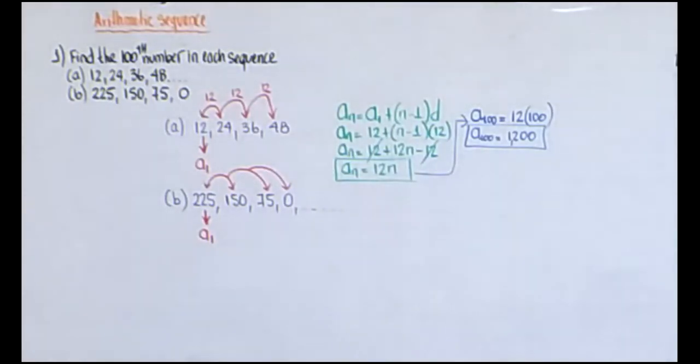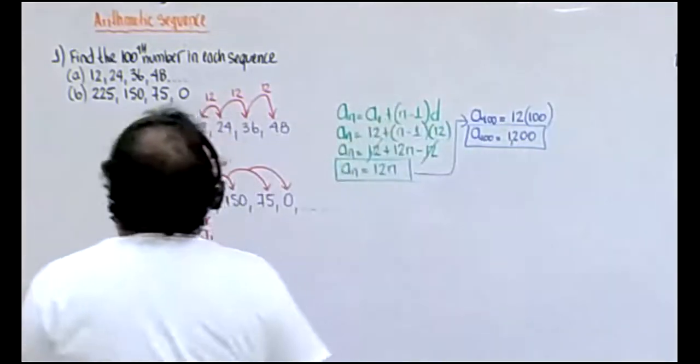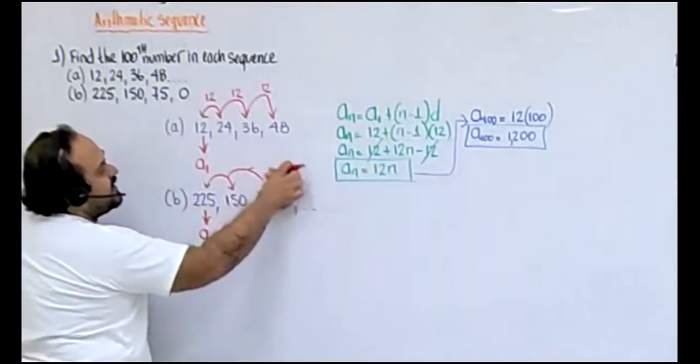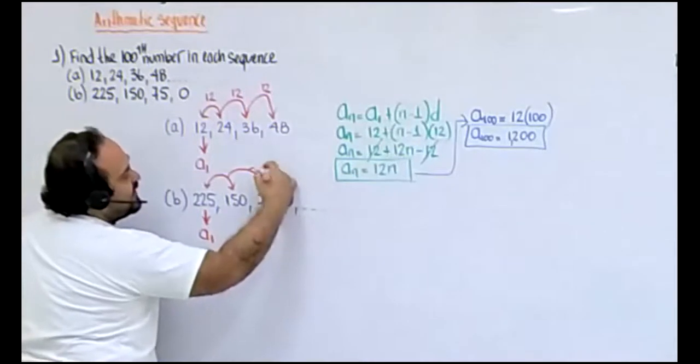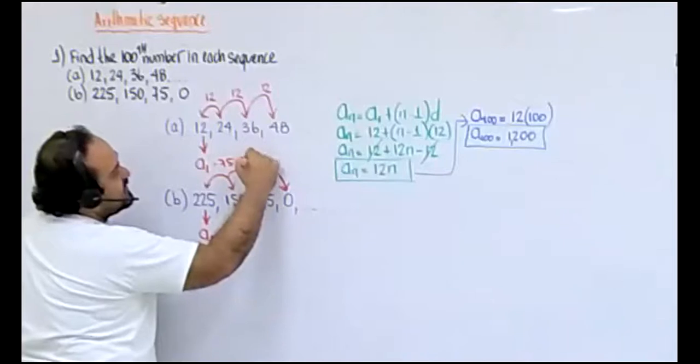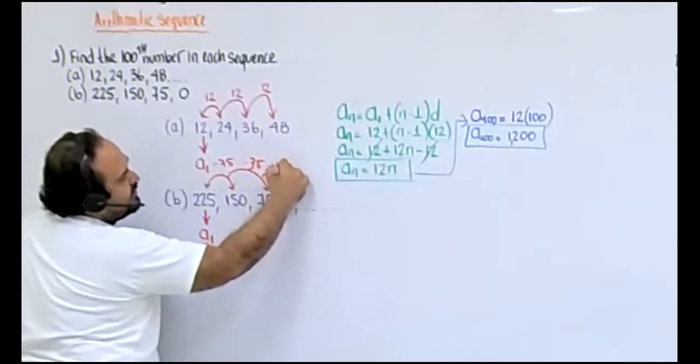Negative 75. Perfect. Why? Because if you see, your sequence is decreasing. Because it's decreasing, be careful at the moment of assigning the symbol. This situation will be negative 75 because the sequence is decreasing.